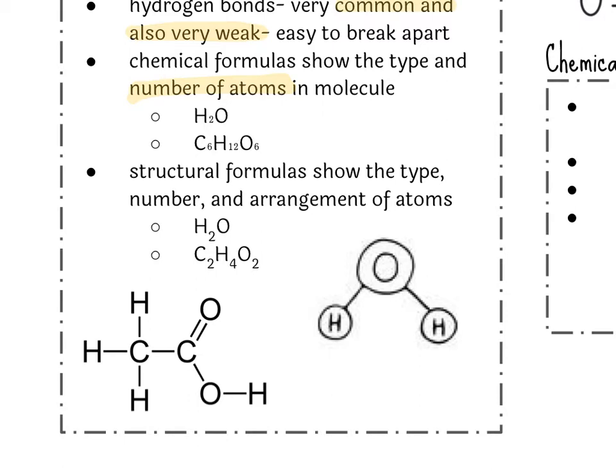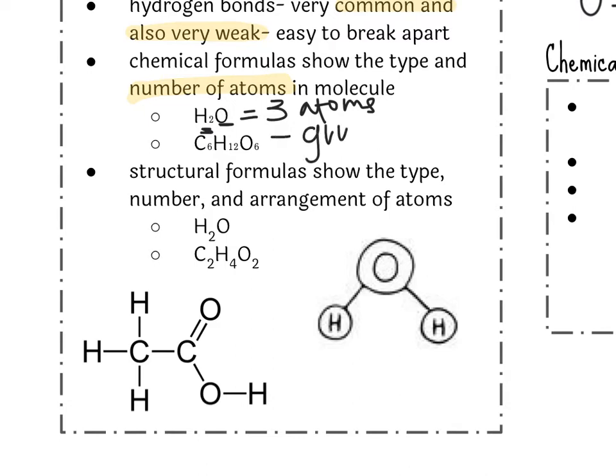So looking right here at the first bullet, H2O, hopefully we know that that's water, and it has 2 hydrogens and 1 oxygen, so 2 plus 1 equals 3 atoms. Here we have C6H12O6, which we might not be as familiar with.